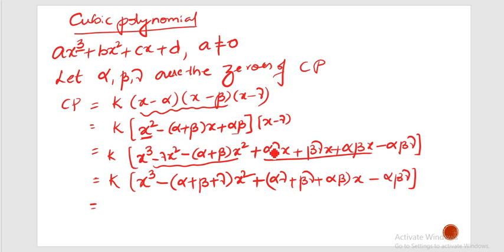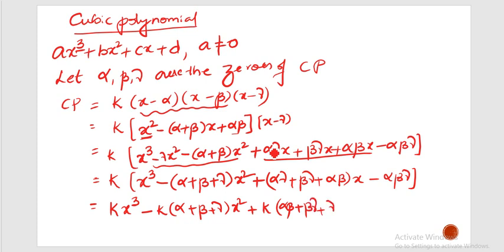Now when I multiply with k, I get kx cube minus k times alpha plus beta plus gamma into x square plus k times alpha beta plus beta gamma plus gamma alpha, written in order, minus k times alpha beta gamma.